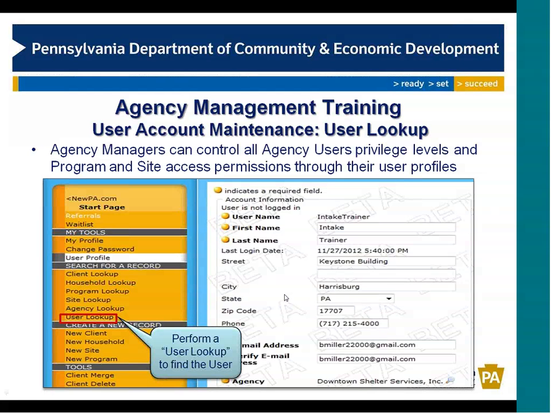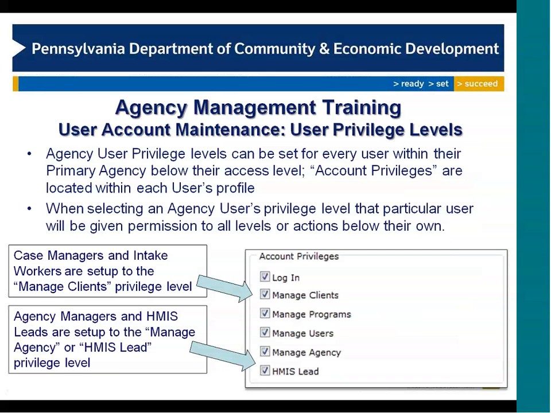It also always shows whether the user is currently logged in or not, as well as the last login date. So you can track who's been logging in and who has not been logging in. So that's how you get to user profiles.